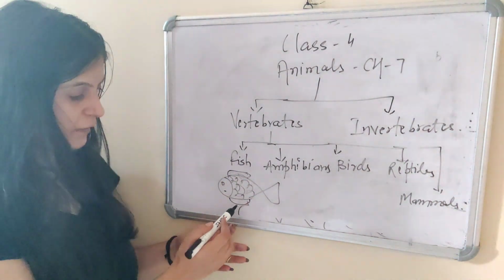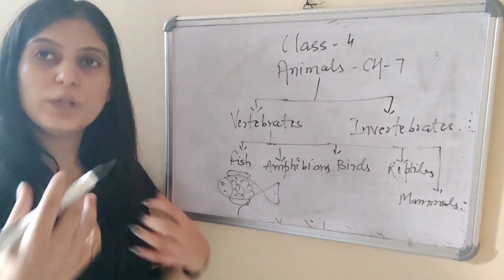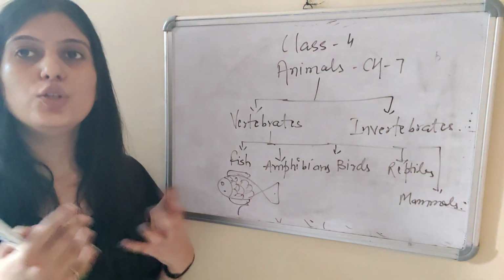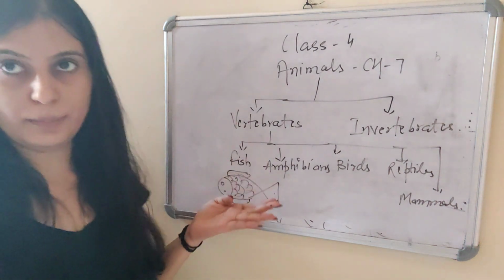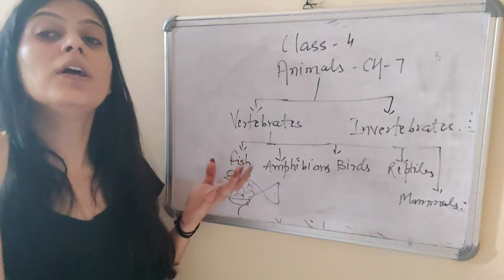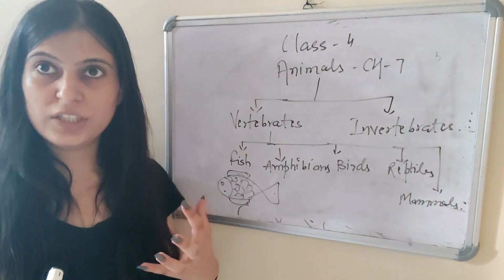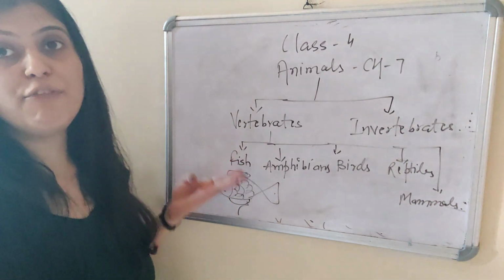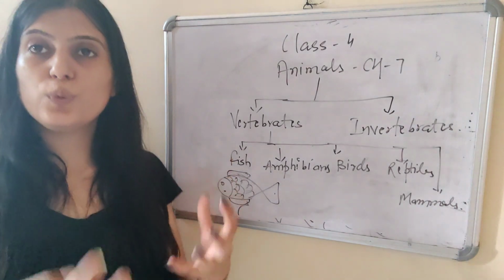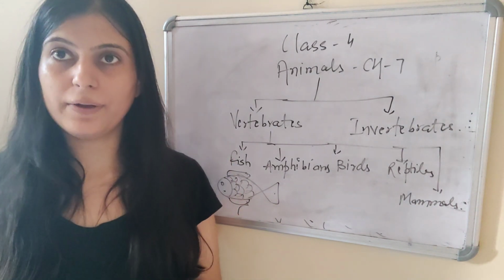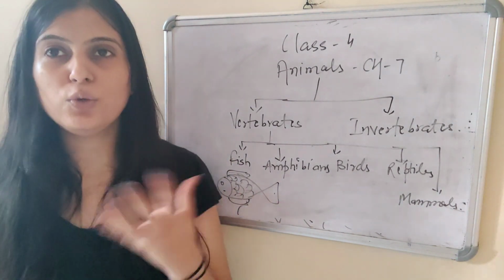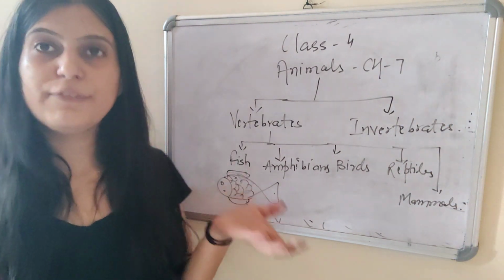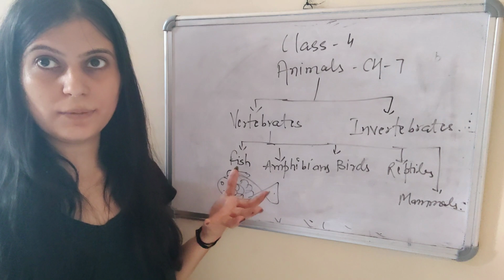These are the fins and this is the tail, which help the fishes to swim in the water. So fishes have a backbone, they have gills through which they breathe in the water, and they have fins and tail through which they swim in the water. For example, goldfish, salmon, sharks are all fishes which live in the water.